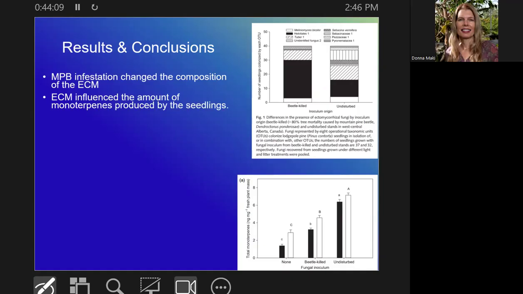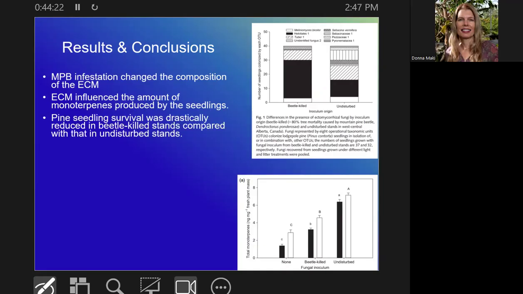They were showing that the mycorrhizal fungi were also influencing how much monoterpenes were getting produced by the seedlings that were being grown. The seedling survival was really bad in the field plots that had the beetle infestation prior to their experiment, which kind of makes sense. So there's this holdover legacy.